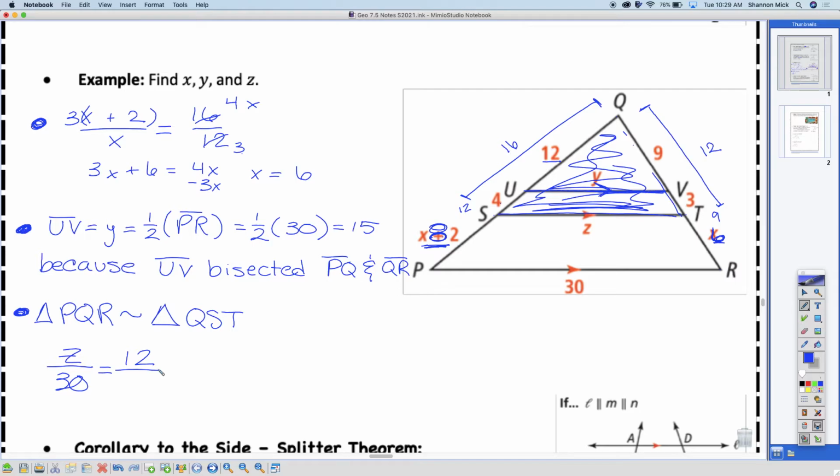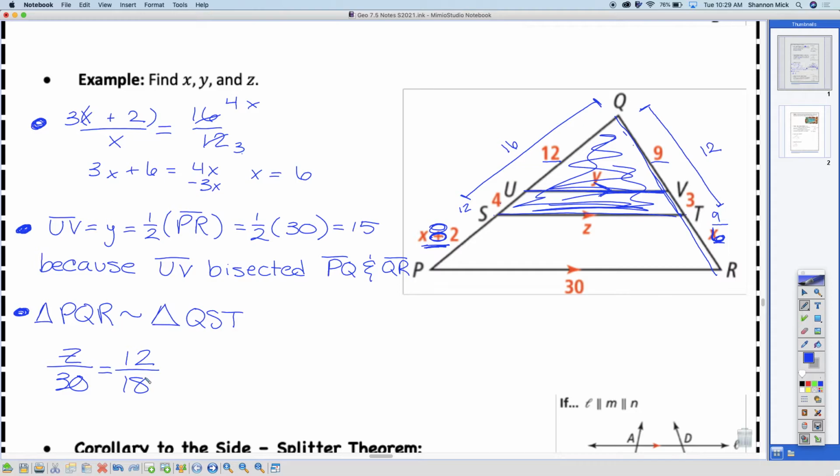Okay, on the right side, the whole side is what? 9 plus 9 is 18. We've got to be able to piece these things together, right? And you're going to need to draw yourself pictures. When you're in your book, can you draw yourself two triangles next to each other if you wanted to and get them out of it? Yeah.